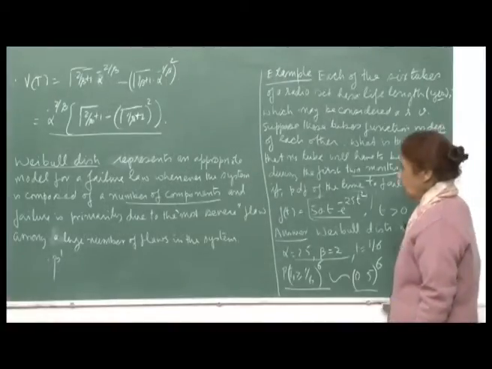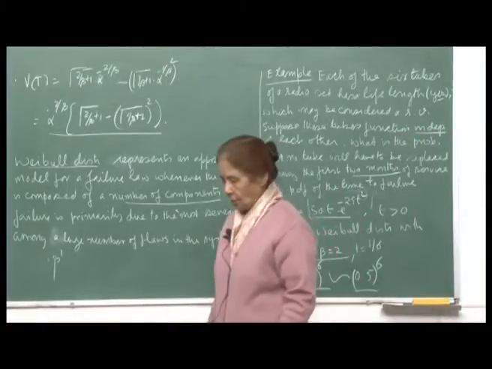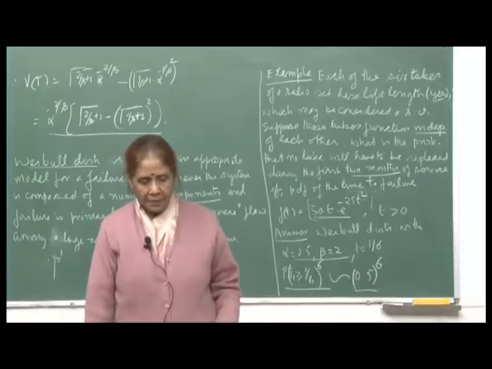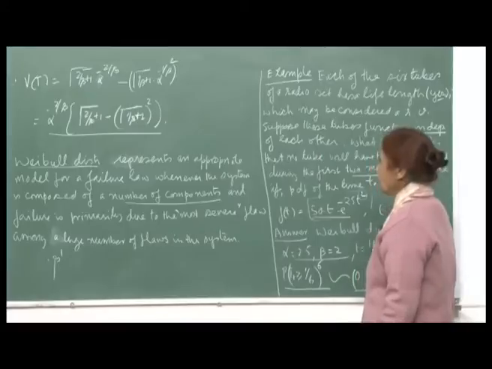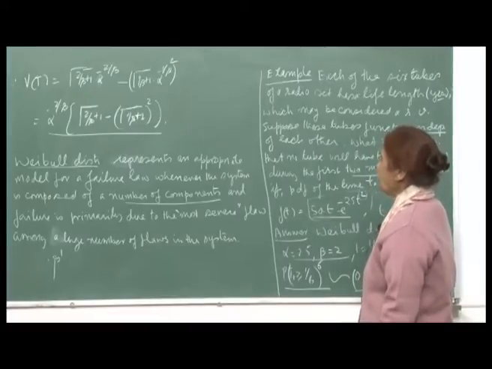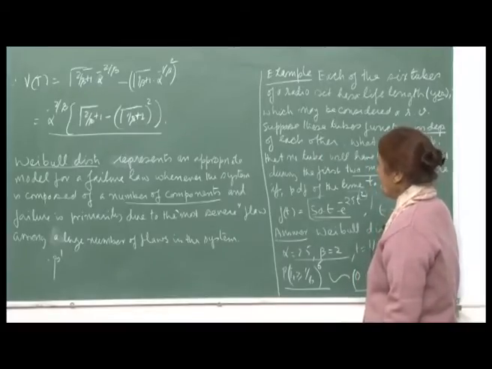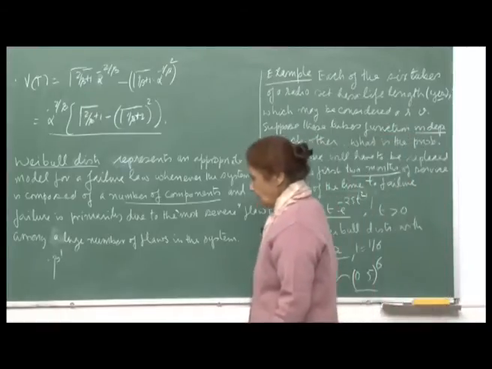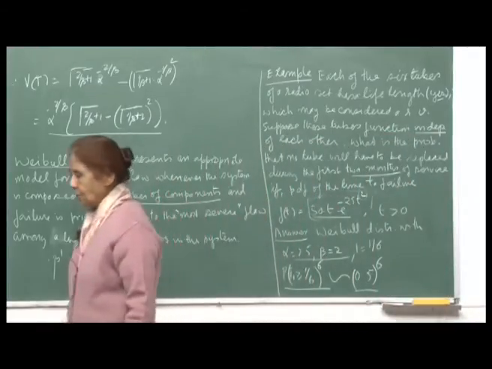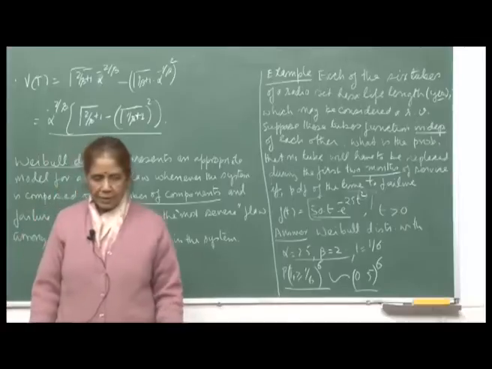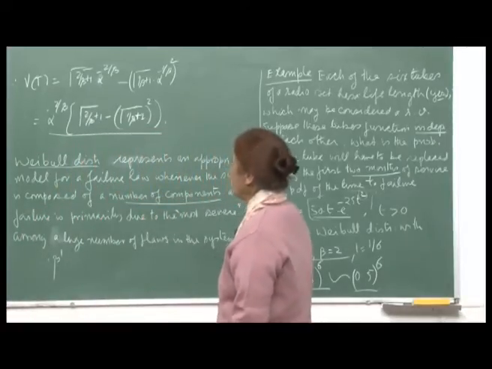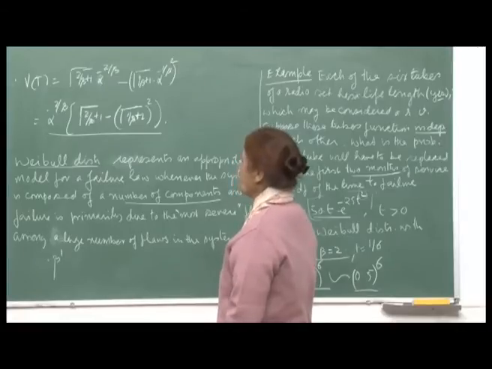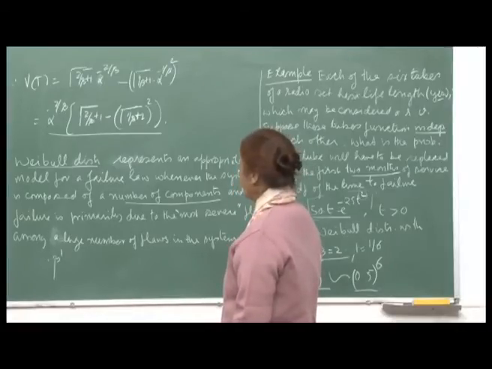Now, this does not exhaust the failure laws. As I have been repeating, we are only considering very basic failure laws here. Since we have discussed probability theory and the various tools you have learnt, my aim was to show you the various applications of these tools that we have learned in the course.